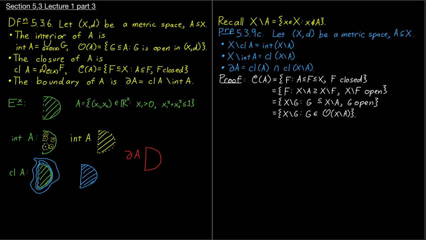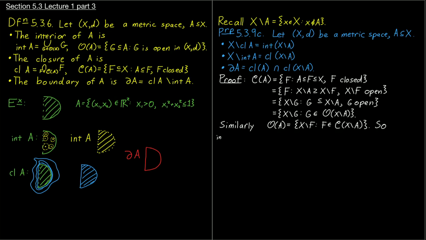And similarly, the open subsets of A are the complements of the closed supersets of X minus A. You can get that just by replacing A by X minus A in the above equation.